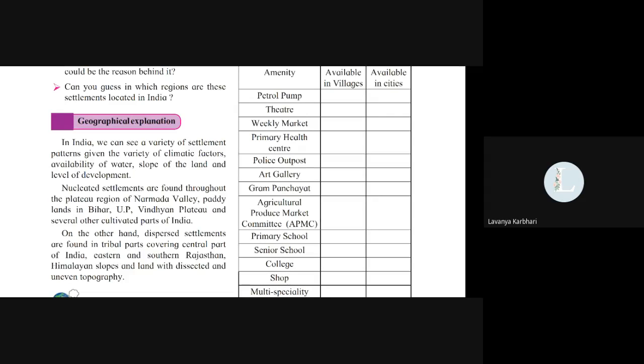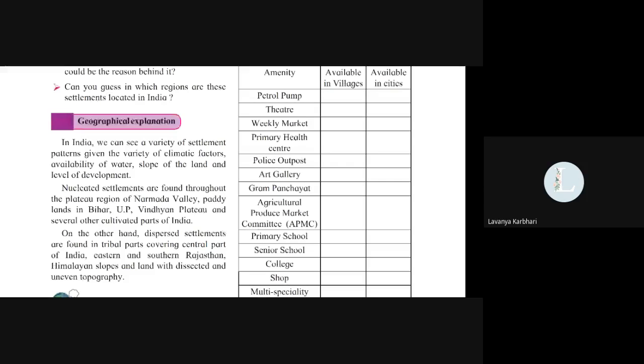Primary health care, okay, it is available at both villages and cities. Police outpost, okay, so major outposts are in the cities and some outposts are in villages also. Art gallery, okay, in villages it is not available, in cities it is available. Gram panchayat is available in villages and not in the cities.